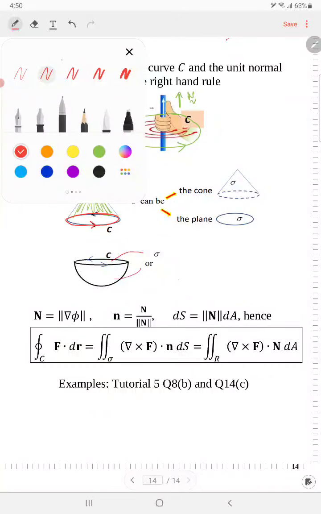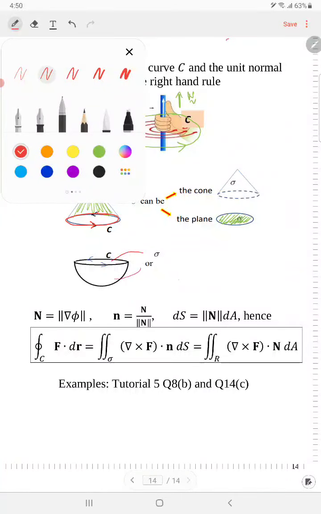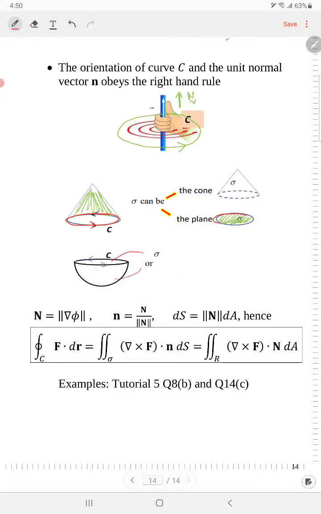As you can see, the shape of the closed curve would be the same if your open surface is this plane. If this is the open surface sigma, then we have the same closed curve, which is also a circle.